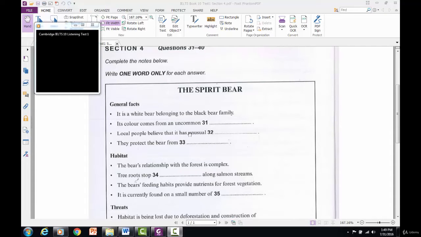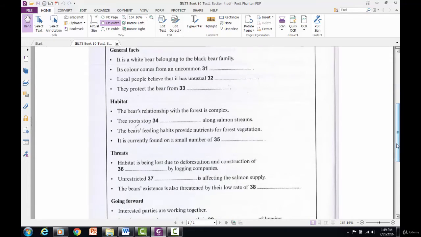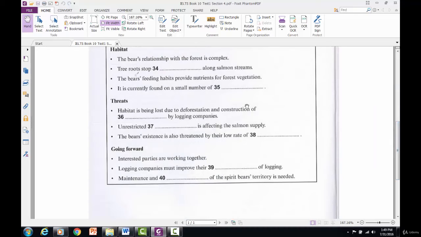32, unusual. 33, they protect the bear from. Protect bear from. Right? 34, roots stop. What do the roots stop? 35, small number of. Okay, you get it? And then as we move down, we have 36. It says habitat is being lost due to deforestation and construction of blank by logging companies.